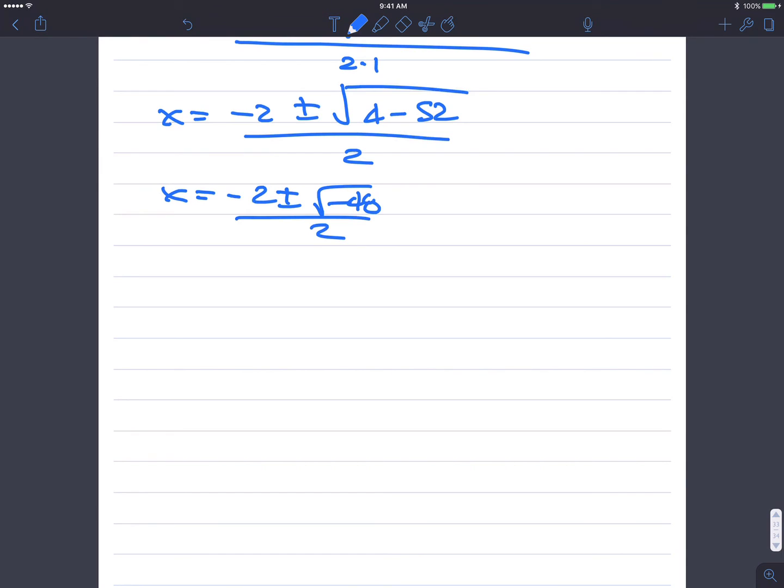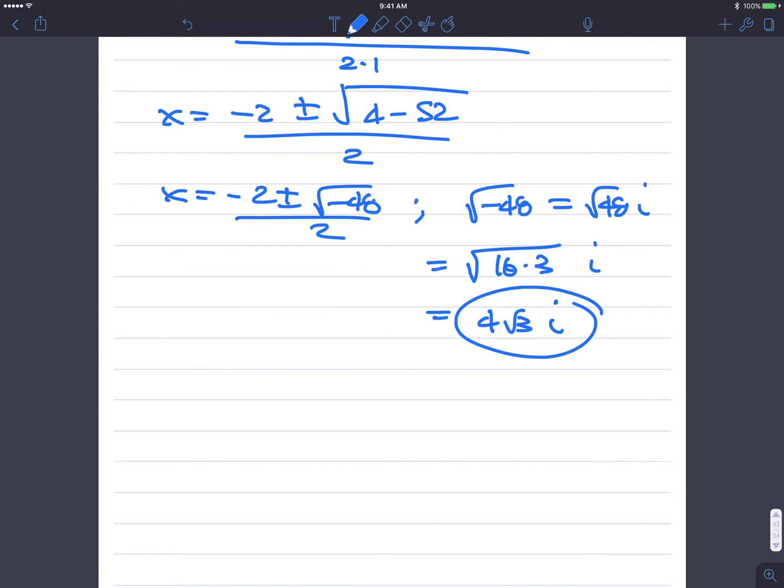The radical, let's go to negative 48. We're going to have to simplify this. It's going to be, first of all, square root of 48i. And this is 16 times 3i, which would be 4 square root of 3i. That's my radical.